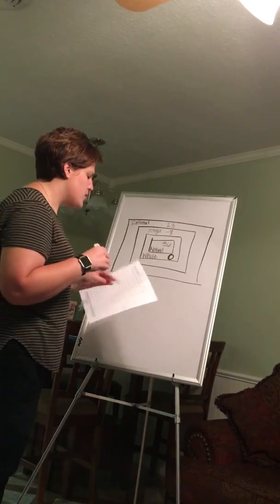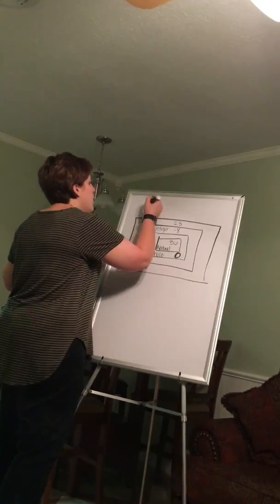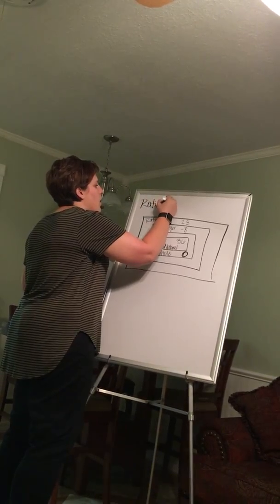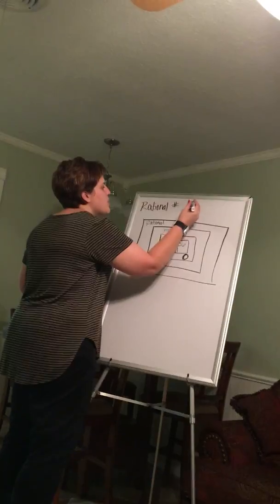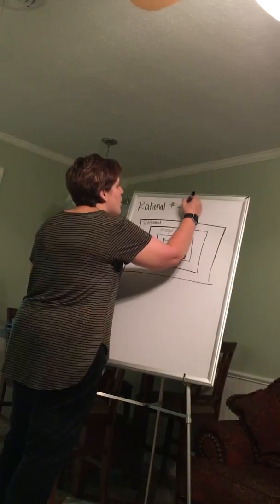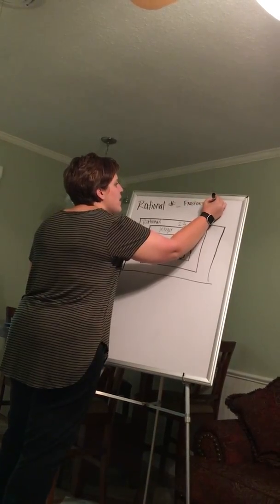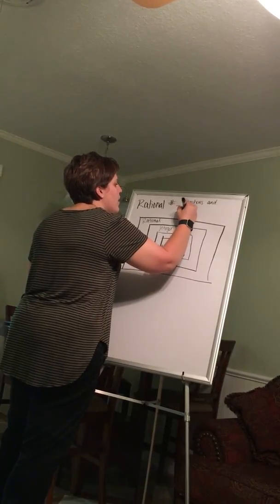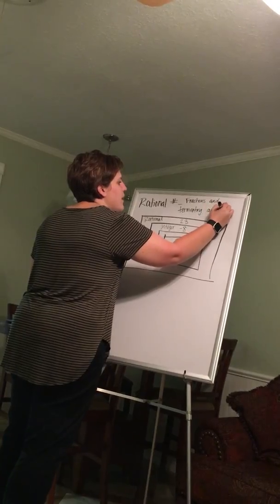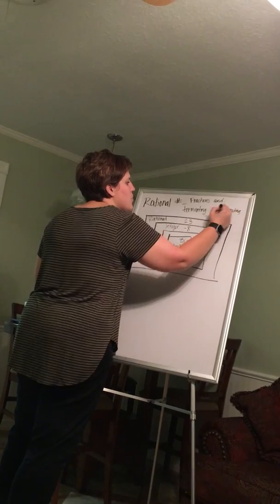But there's one thing that we need to talk about real quick. In the rational, this is a rule for a rational number. Rational numbers are fractions and terminating and repeating decimals.